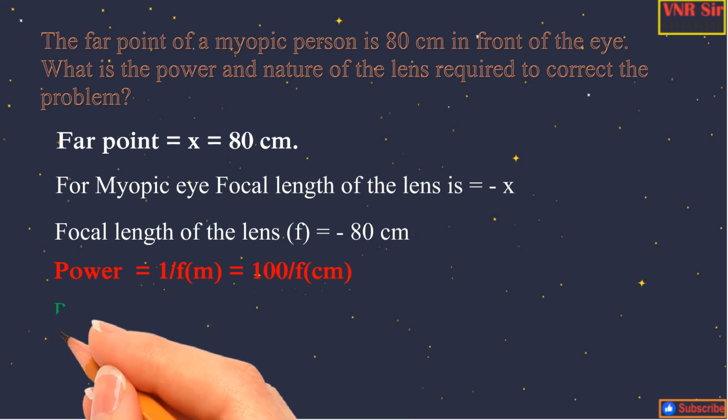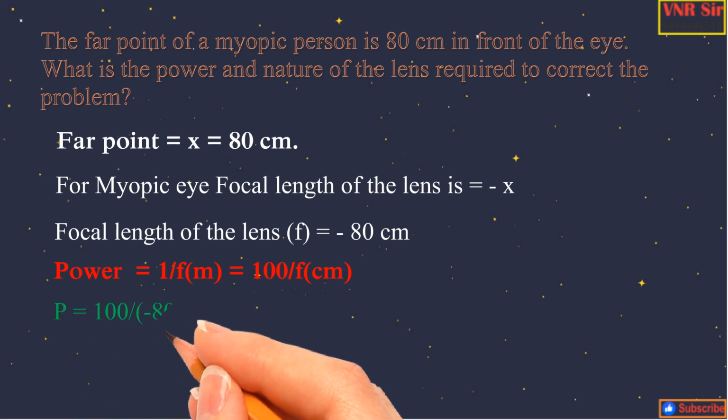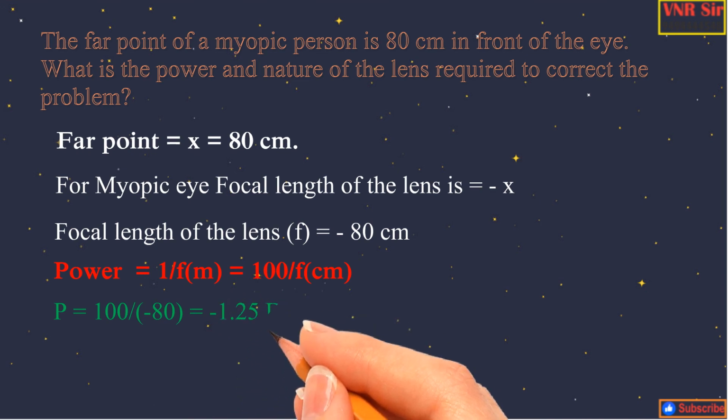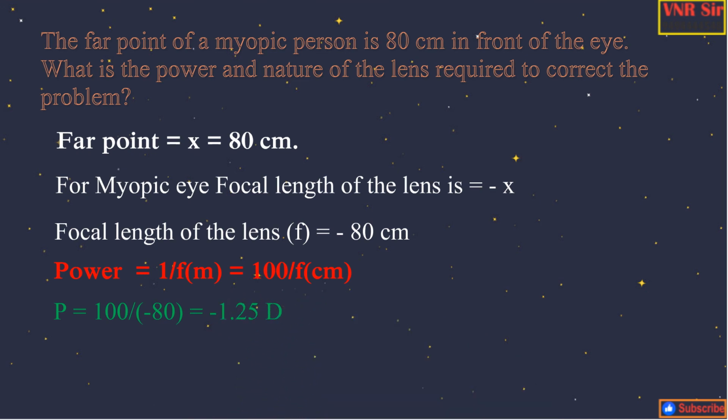So power is equal to 100 by minus 80. If you simplify that, we get minus 1.25 diopters. What is D here? Diopters. It is the SI unit of power of a lens. So the power of the lens used to correct this problem is minus 1.25 diopters, and the lens used to correct this is a concave lens.